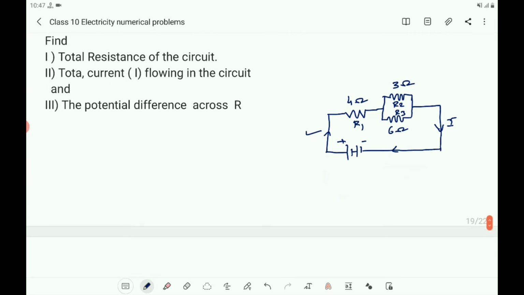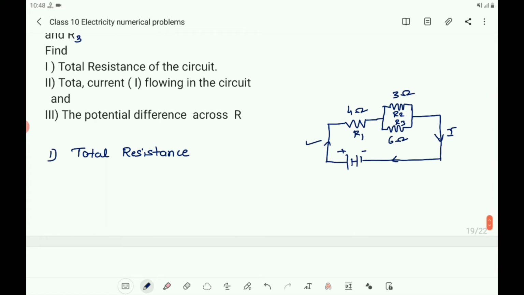So first you take the solution. First one, total resistance. Here R1 is connected in series with the parallel combination of R2 and R3.